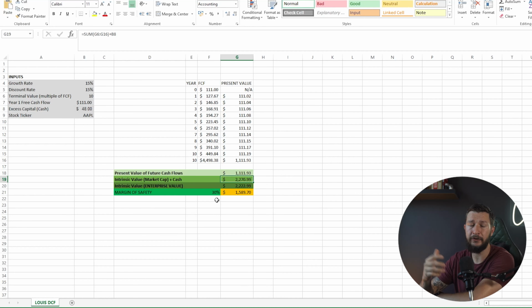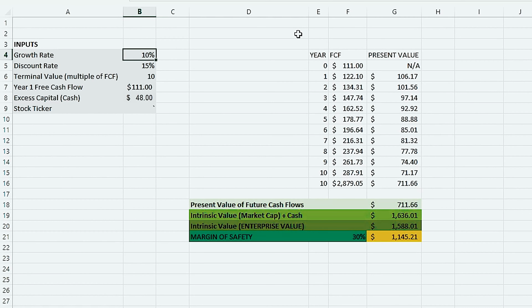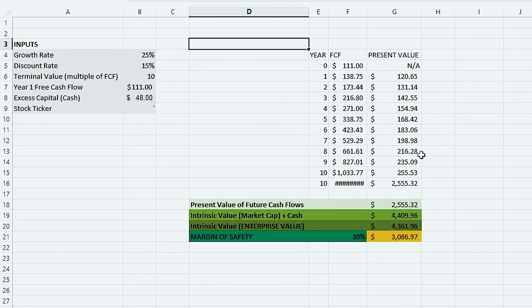If you made incorrect projections with your growth rate or maybe your discount rate or your terminal value, the margin of safety will help you to kind of balance everything out. Let's change this up and change the growth rate to around 25%. This will show that the intrinsic value or the market cap of Apple is around $4.4 trillion.